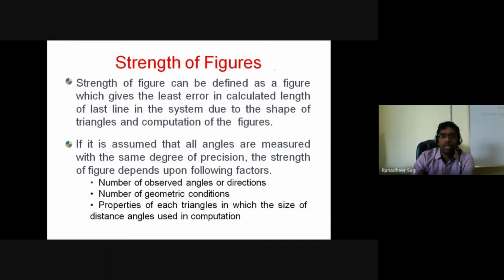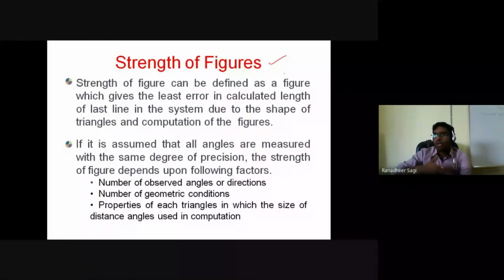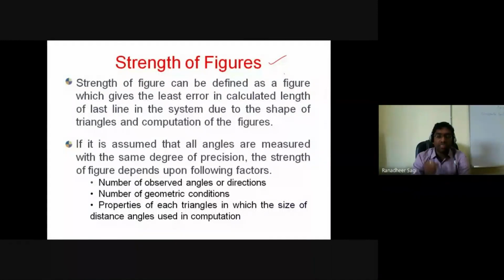Next, strength of figures. Strength in the sense here, not the physical strength. So here the strength is nothing but how better you are trying to represent your figures in the triangulation network with least amount of error in the values what you are going to be computing.